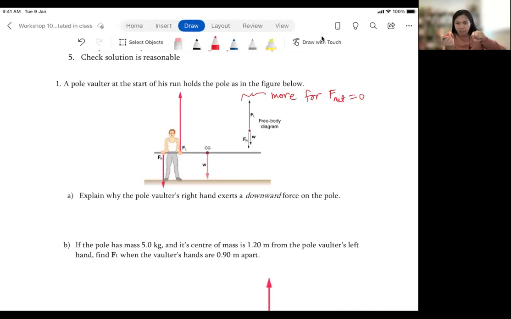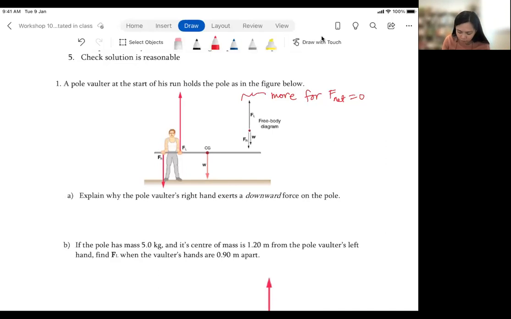Hopefully you've noticed that about the pivot point, if you have two forces that are opposite in direction, those opposite forces will provide counter torques, right?